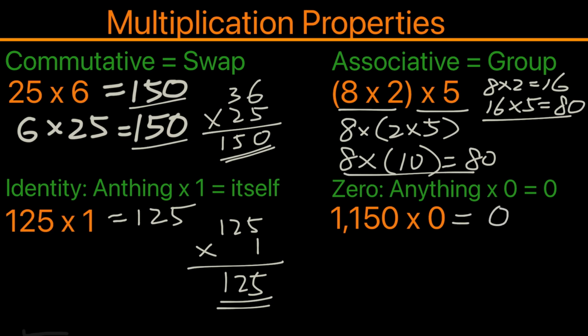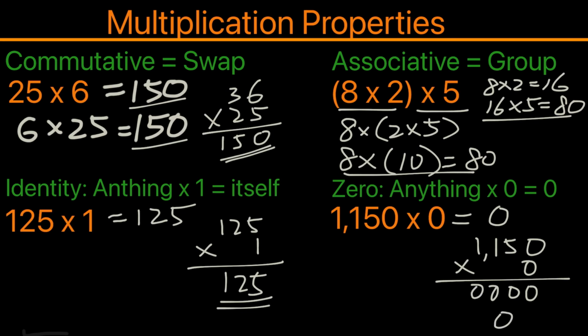And if we multiply out, 0 times 0 is 0, 0, 0, 0. So the answer is 0. That's easy enough. And this will apply to any number. You could take 10,000 times by 0, it will become 0. Even 1 million times by 0, it will still become 0. So that's the zero property.